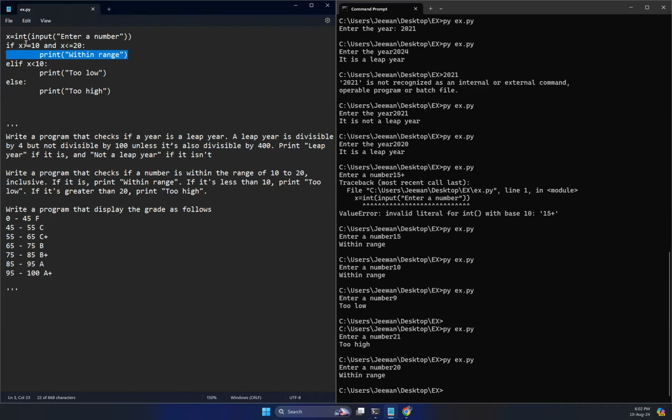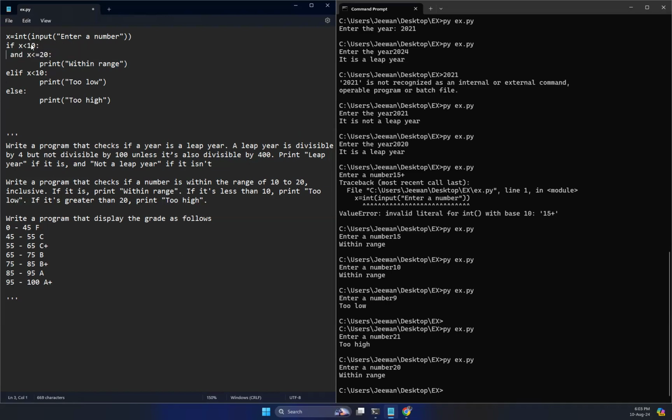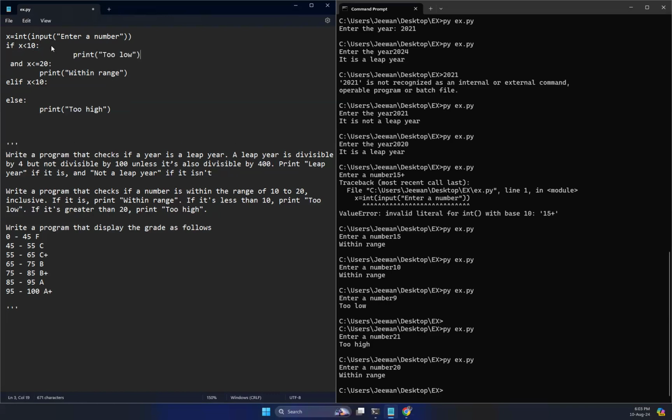If x is less than 10, you're going to say too low.